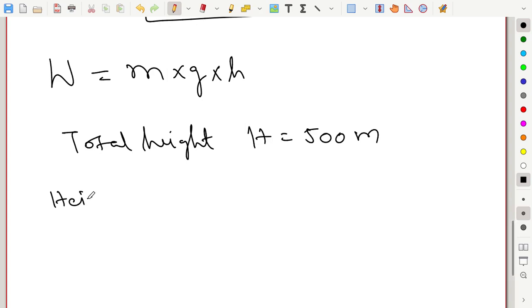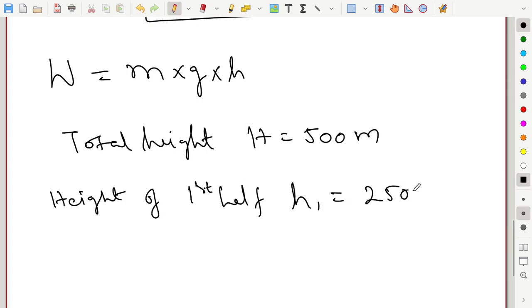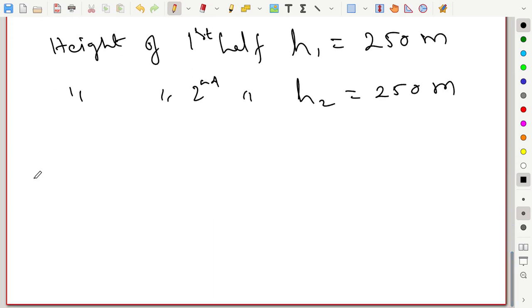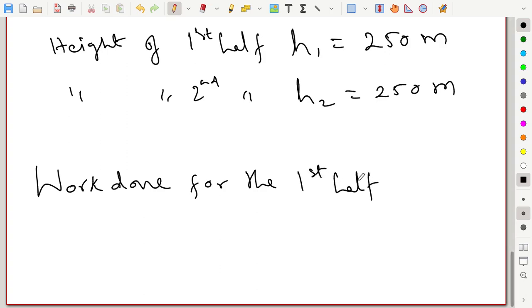The height of the first part, let it be h1, is 250 meters. Therefore the height of the second part, h2, will be another 250 meters. Now we are calculating the work done for the first half, let me name it WG1.